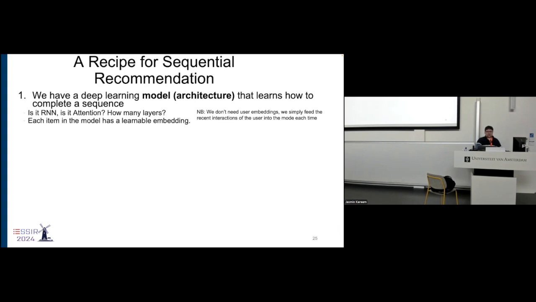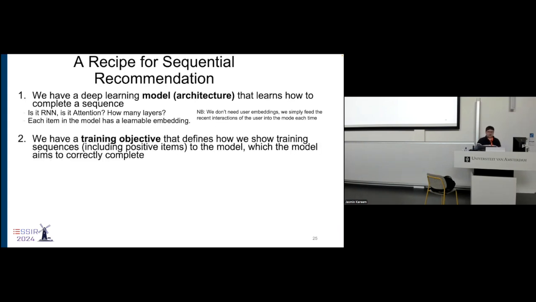As I already told you, we don't need user embeddings because we can reconstruct them from the interactions. We only need item embeddings. We need some training objective. We have sequences of user-to-item interactions in training data. What do we want our model to optimize for? How do we construct training samples out of these sequences?